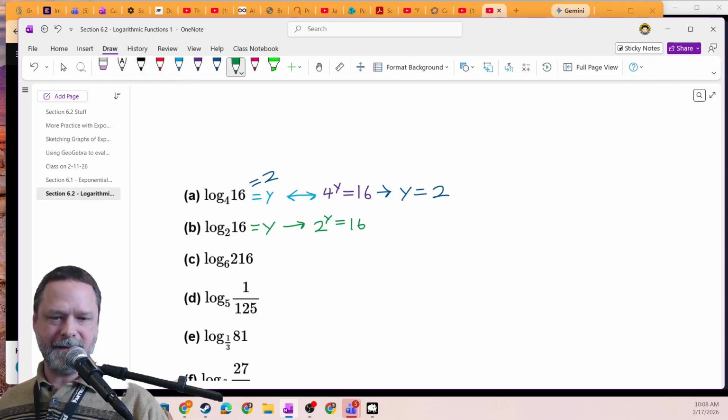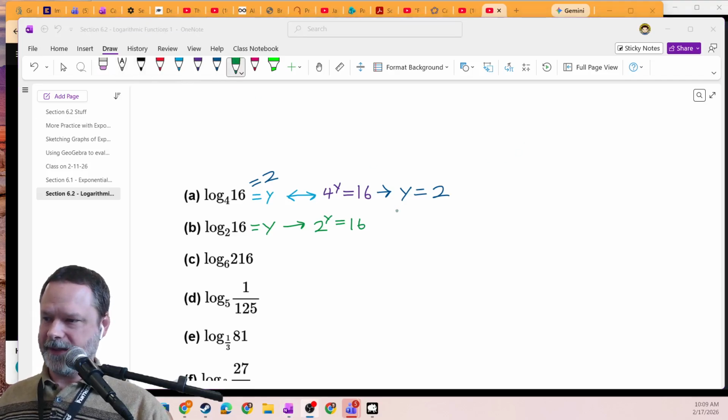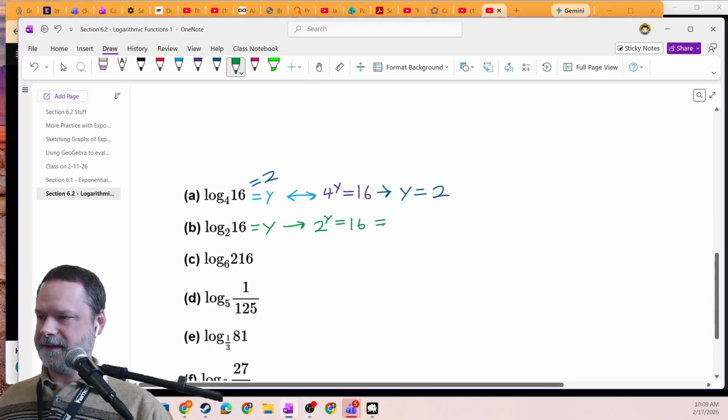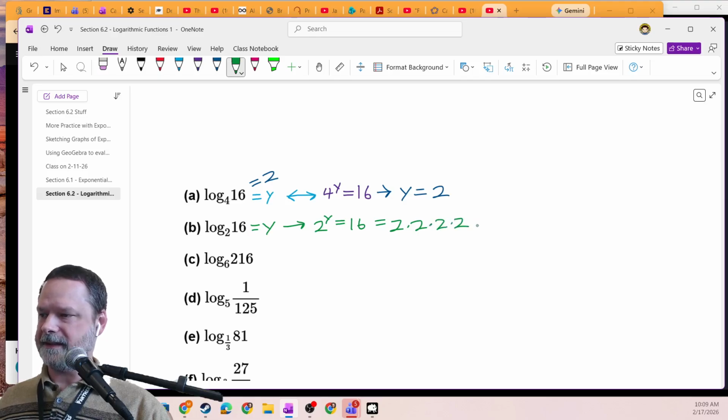Hold on one second. Never mind. I don't know what I'm thinking. 2 to the y equals 16. So 2 raised to some power: 2 times 2 is 4, times 2 is 8, times 2 is 16. That's it. This is a little bit of scratch work.